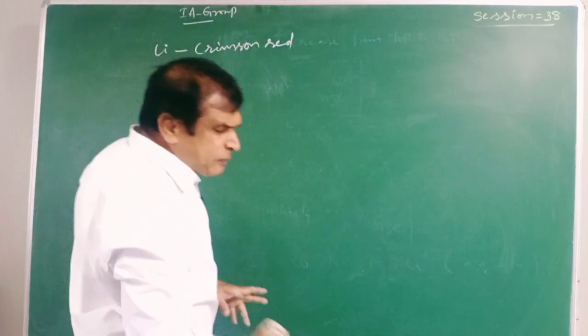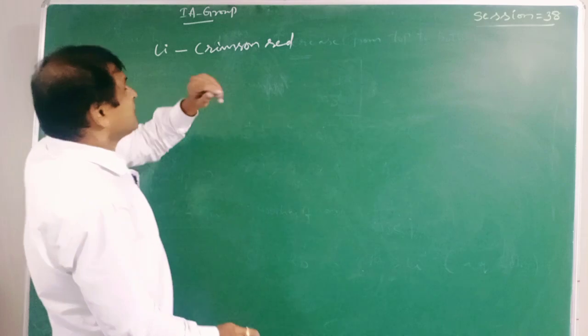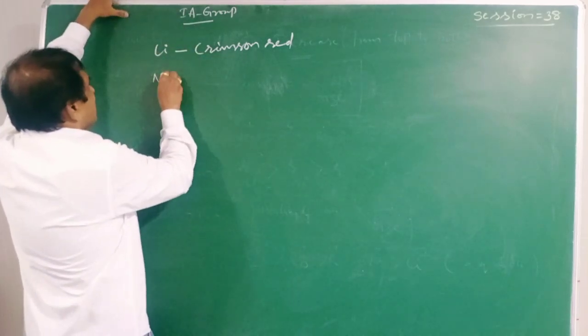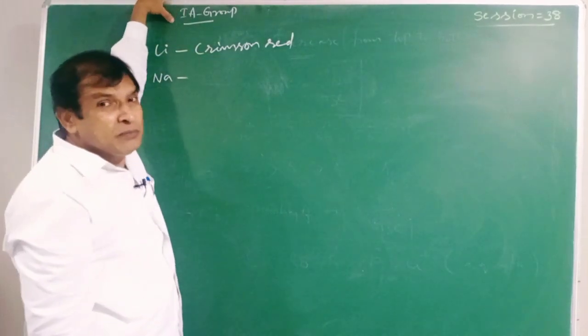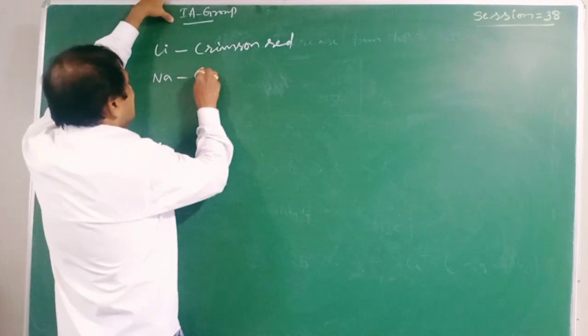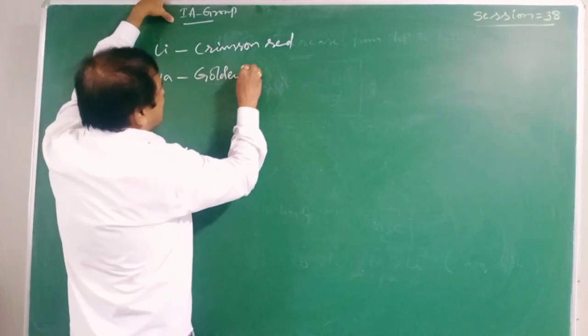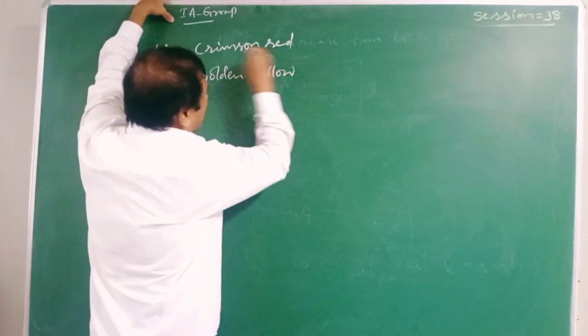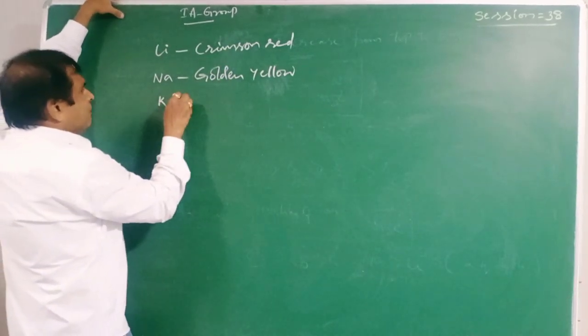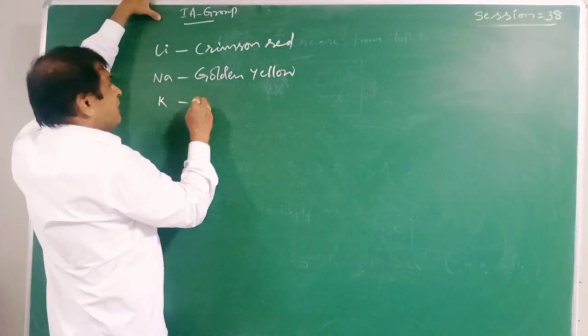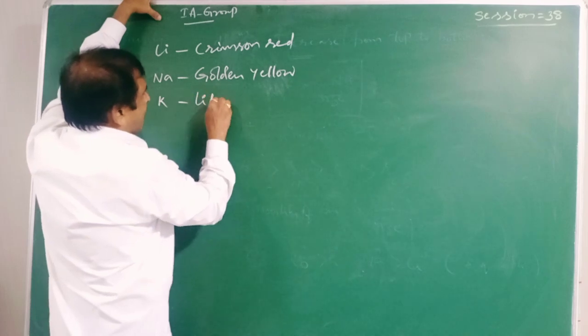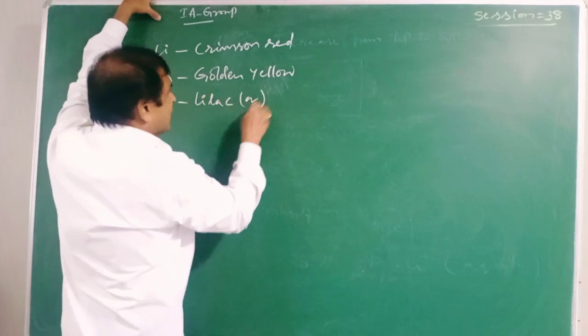Lithium exhibits the characteristic flame test color of crimson red. Sodium metal or sodium compounds exhibit golden yellow color. Potassium gives the characteristic flame test of lilac, or we can say violet color.